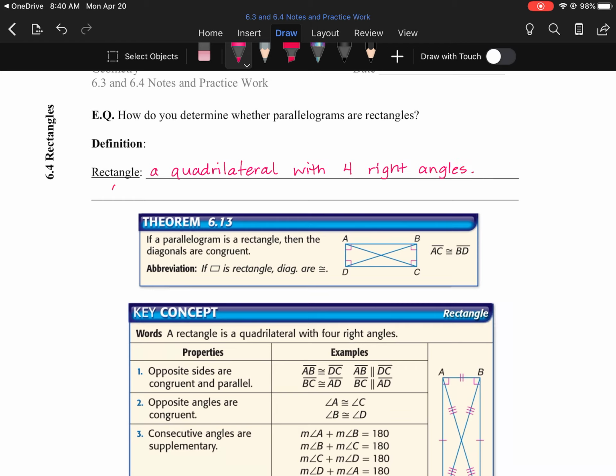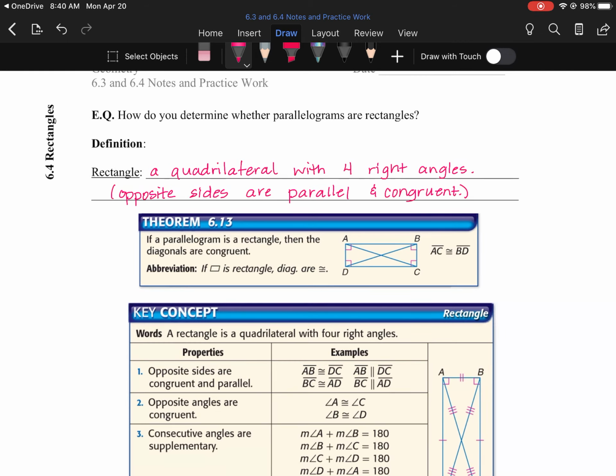Okay, we know the opposite sides are parallel and congruent. So opposite sides are parallel and congruent.